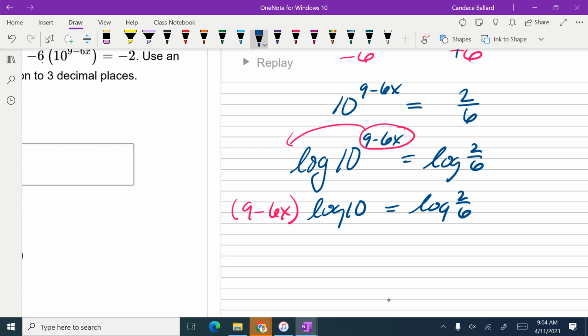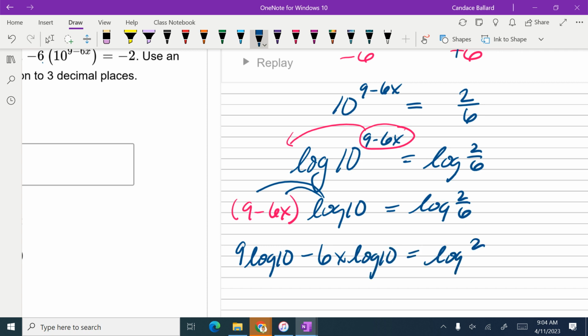All right. This is a weird looking number. When we have a weird looking number that's a coefficient in front of parentheses, we distribute it. So 9 log of 10 minus 6x log of 10 equals log of 2/6.